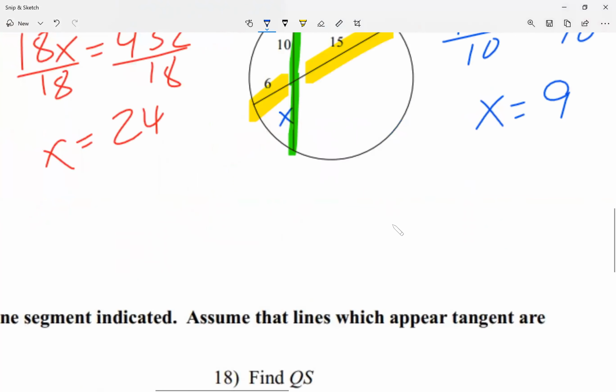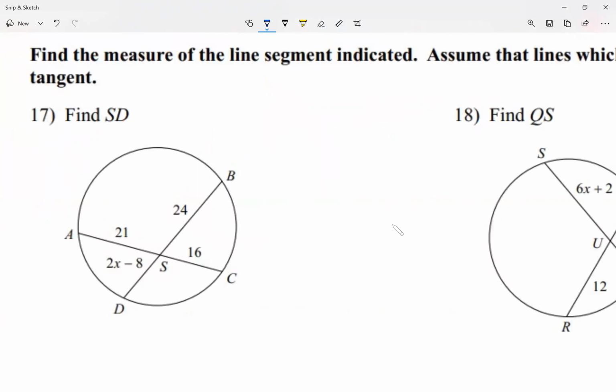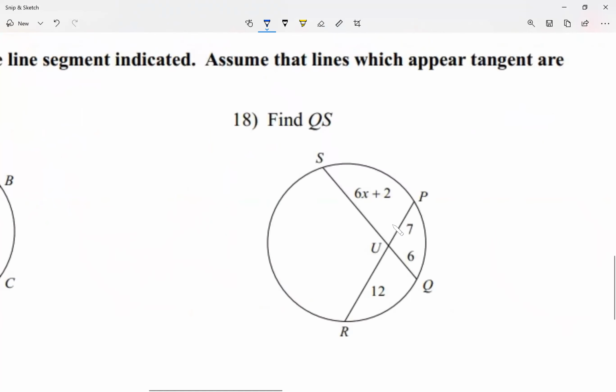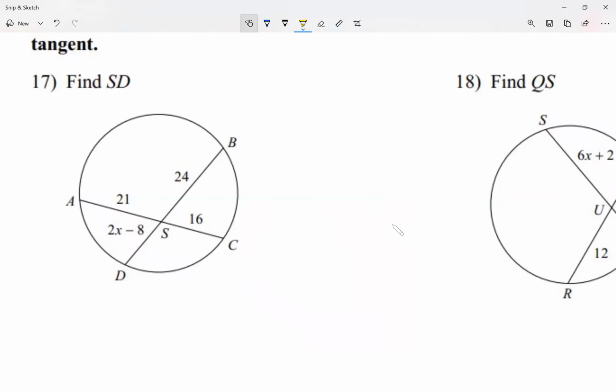Now let's take a look at number 17. Find the measure of the line segment indicated. Assume the lines which appear tangent are actually tangent. And here we have to find the side SD. SD, if you notice, is this. What I know about SD is 2 times X minus 8. So it would be nice if I knew what X was.